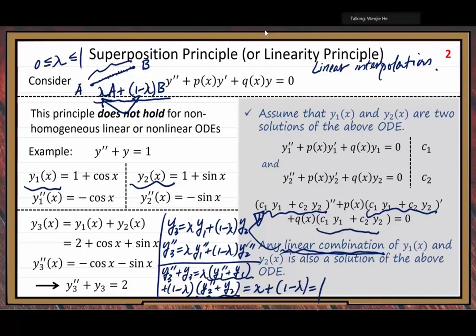Now, I assume you understand this concept at this point. Can you see something related to one of the homework questions? Is there something in the homework assignment related to this?